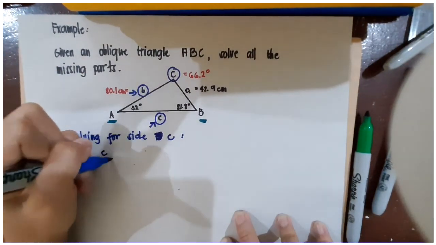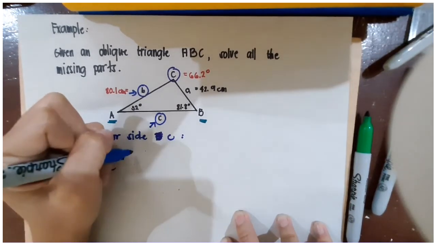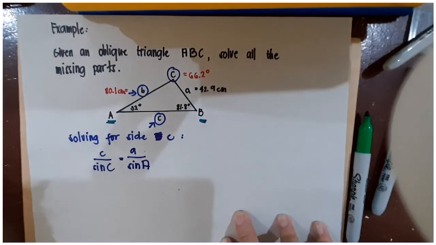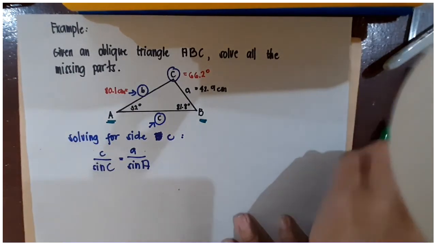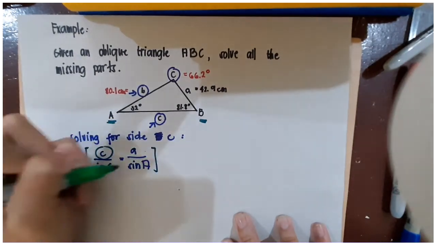So, I'll have C over sine C is equal to A over sine A. Pwede yung pagbalik-balikin yung formula na binigay ko since it is equal naman: A over sine A equal B over sine B equal C over sine C. Since we are looking for C, itra-transpose natin si sine C dito na side.